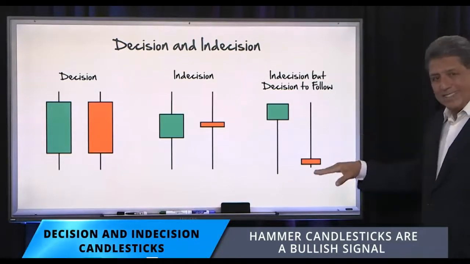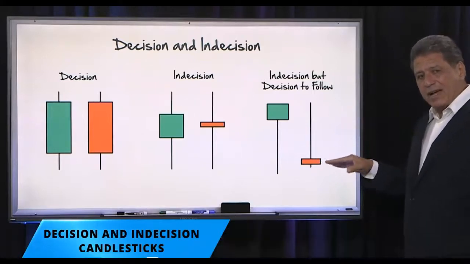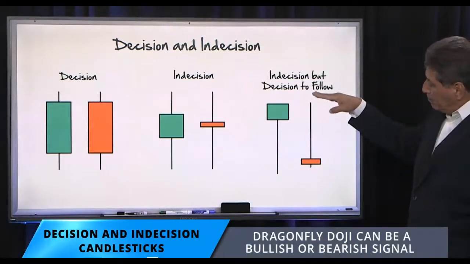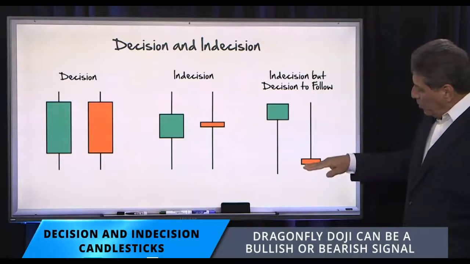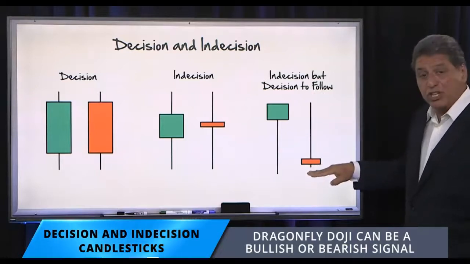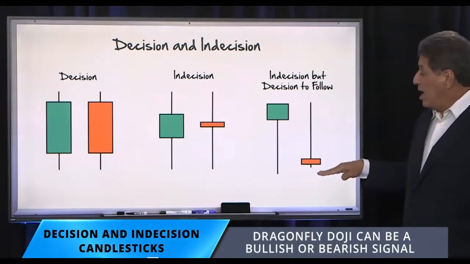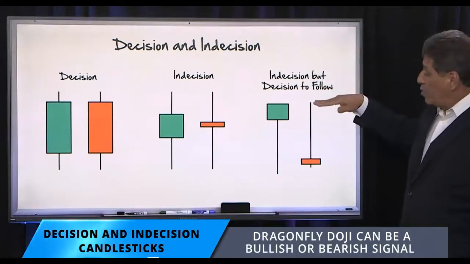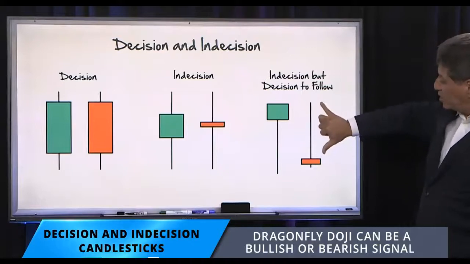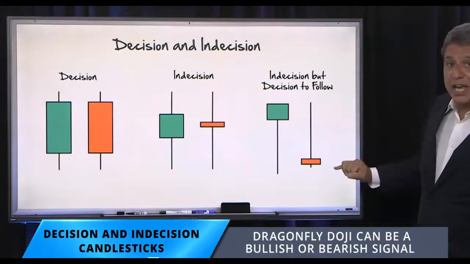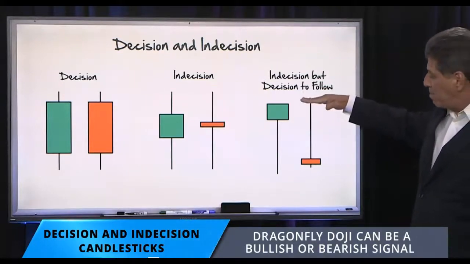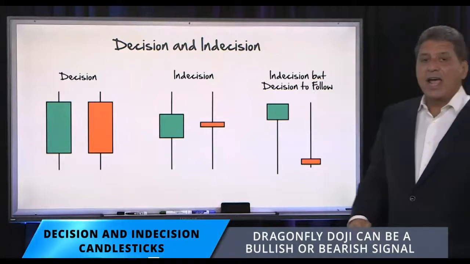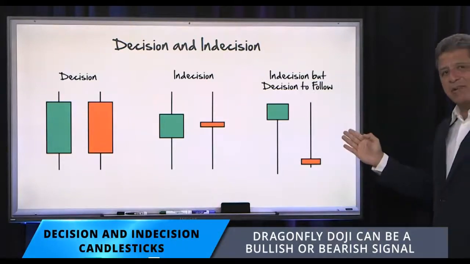Now, if you look at this dragonfly doji here, this opened up here. Bears took control a little bit, took prices down, and then bulls took prices all the way up, created this high. At one time, this was a full-bodied bullish candle, but during the time period, the bears brought prices back down, and this is a bearish signal.